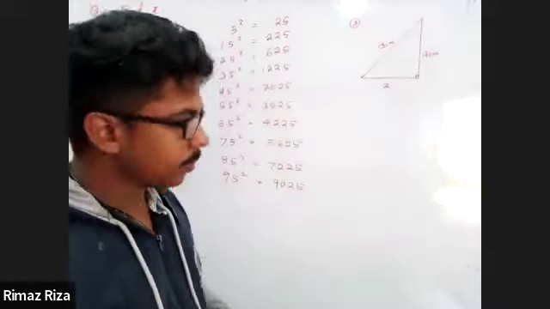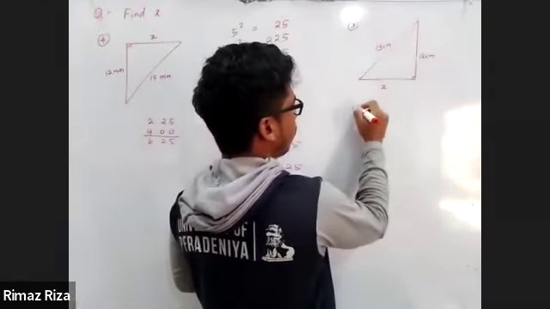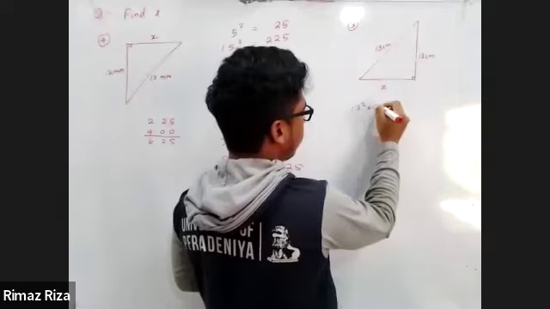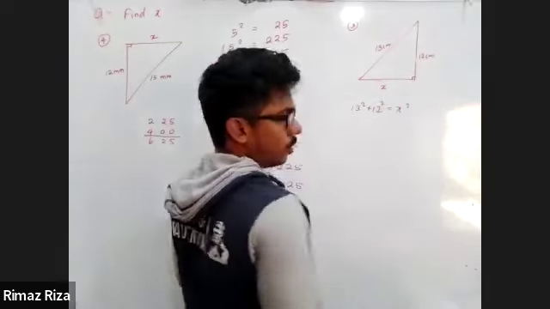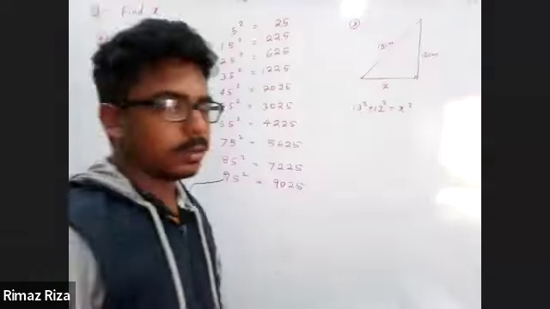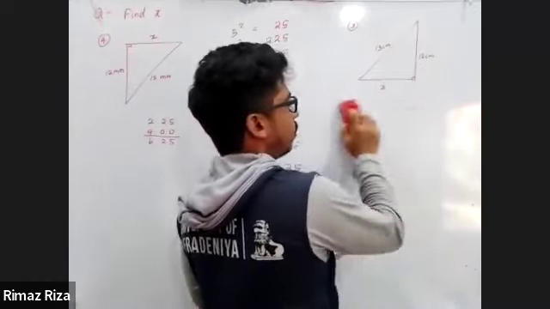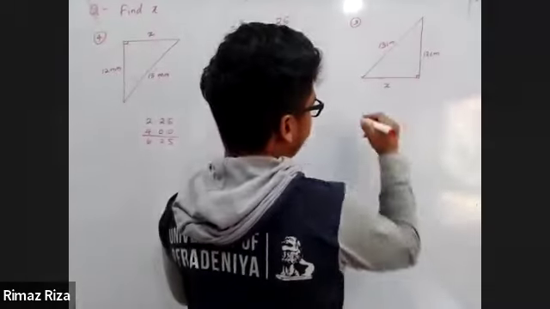Okay, so here I know most of you will make this mistake. You will write 13 squared plus 12 squared is equal to x squared. Is this correct? No, right? You have to write x squared plus 12 squared is equal to 13 squared.